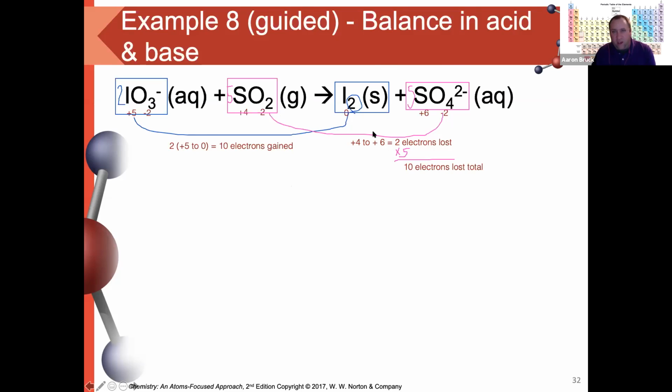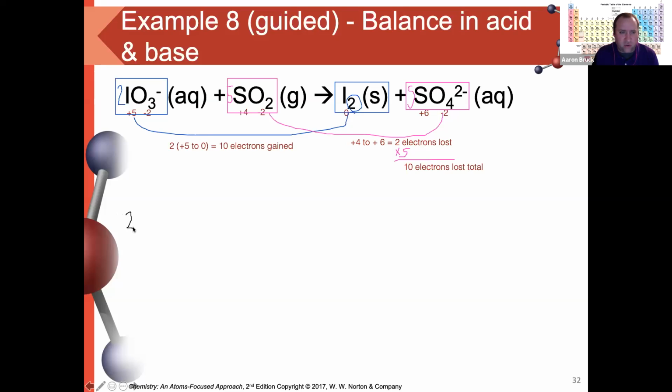So we've handled the first couple of steps. We have evaluated the oxidation numbers. We have evaluated the total number of electrons moving. We have added coefficients to make sure that all the electrons leaving are absorbed and vice versa. Now let's rewrite to be a little bit more clear.